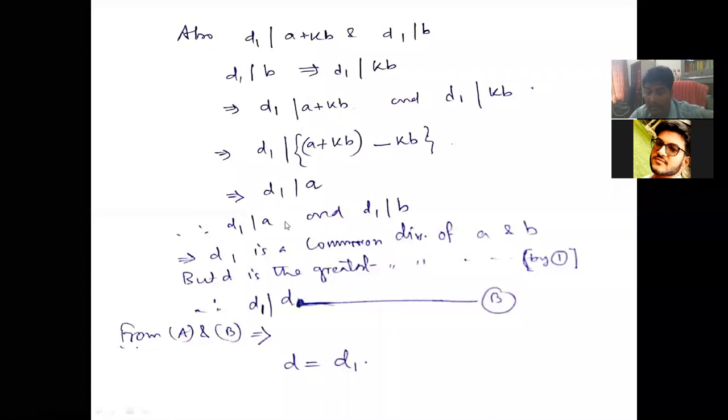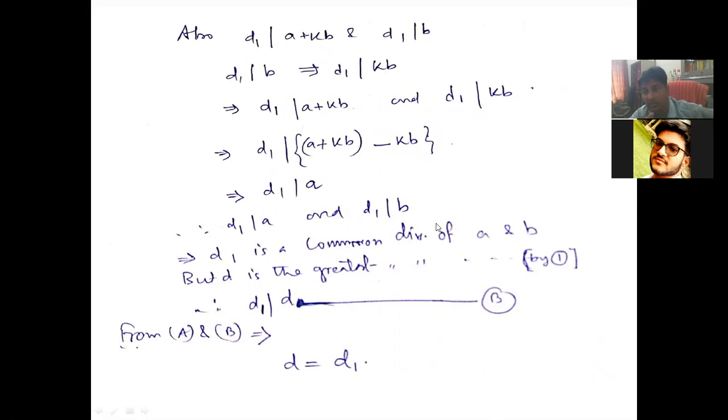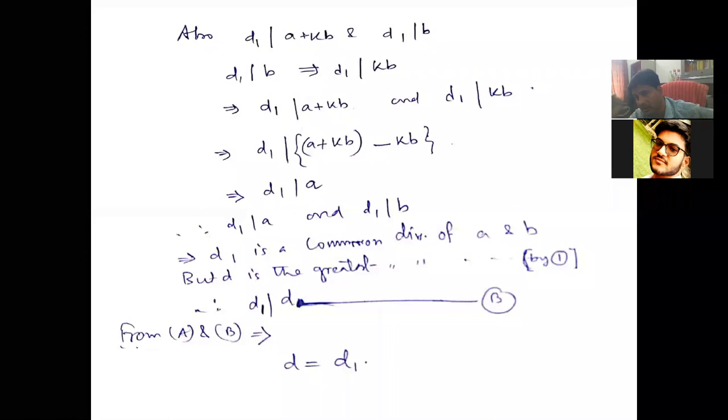But what did we take as the GCD of a and b? In relation 1, we supposed that d is the GCD of a, b and d1 is the GCD of the other pair. So the GCD of a, b we take as d, and here we get d1 as a common divisor. A common divisor must divide the greatest common divisor.